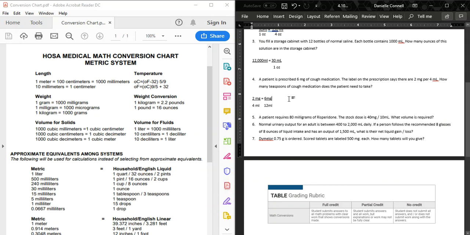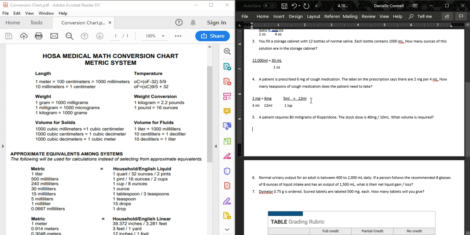So we're going to set up another proportion, completely separate from this one. 5 milliliters over 1 teaspoon, and that's going to be equal to 12 milliliters over blank, because we don't know how many teaspoons that is. We cross multiply and divide. 12 times 1 divided by 5 will give you the amount of teaspoons for number 4.